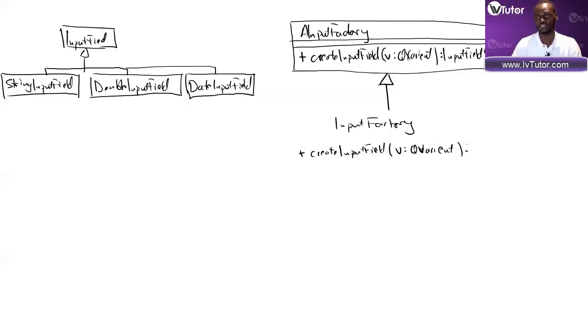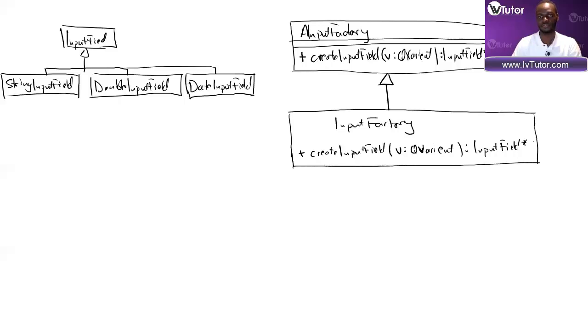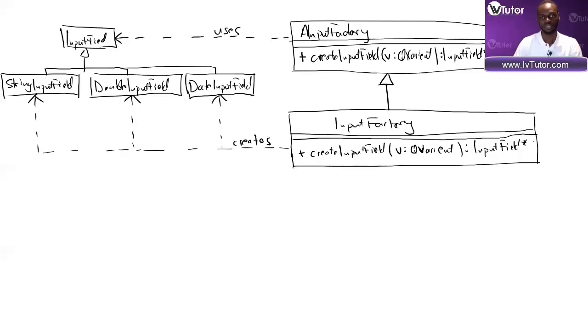Q variant, and it returns an input field like that. So this becomes my concrete factory like that. So here's my factory, and inside my factory, I have my factory method. And what we do next, we've got our uses relationships, and we've got our creates relationships. And when I've done this, I have applied the factory method design pattern.